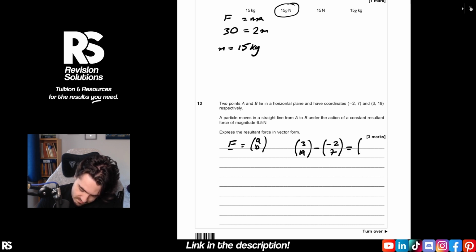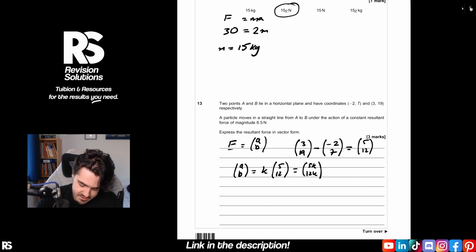That would leave us with 5, 12. So our force is parallel to 5, 12, or we could say it's just a multiple of 5, 12 then. So the force must be a multiple, we'll say k times 5, 12, i.e. 5k, 12k.